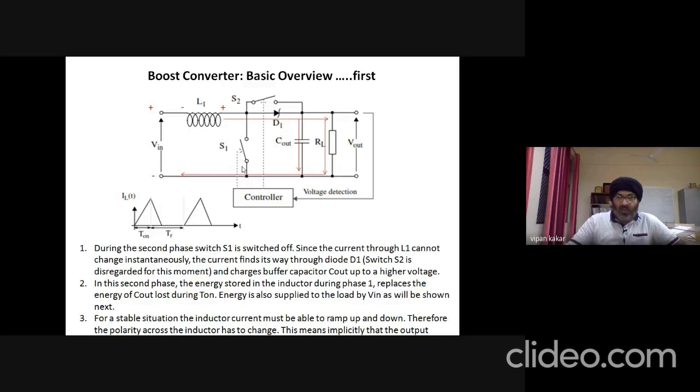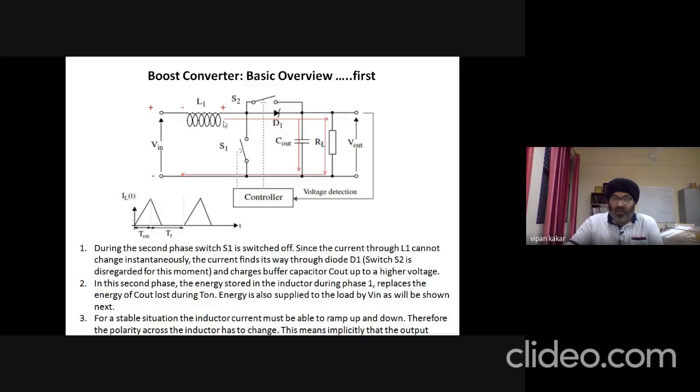This current will take some finite time, which is required for the inductor current to flow through this diode. So this diode gets forward biased now, and the path followed by the current is shown by the red arrows over here.